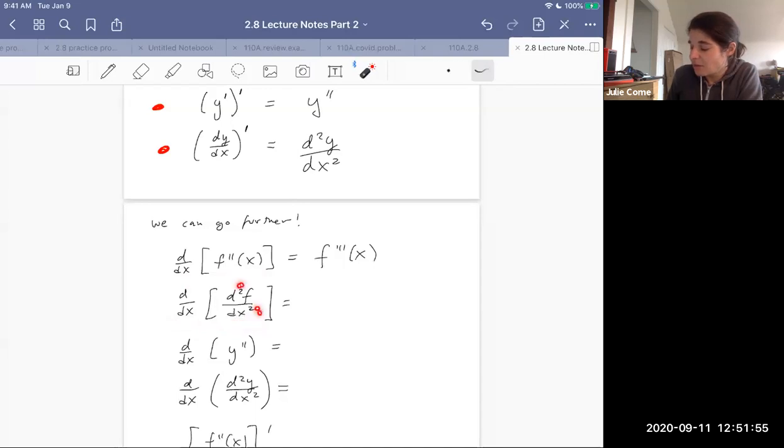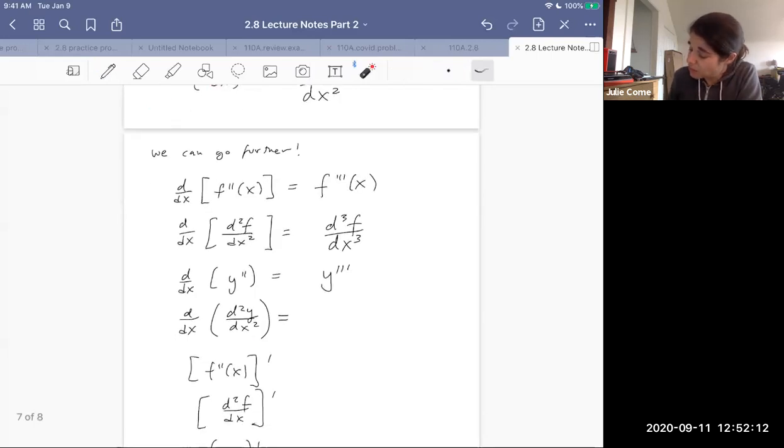Both exponents go up by 1. We get d cubed f over dx cubed. If we take the derivative with respect to x of y double prime, we get y triple prime, the third derivative. If we take the derivative with respect to x of the second derivative of y with respect to x, we get d cubed y over dx cubed.